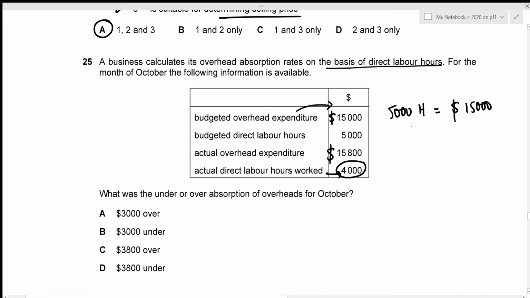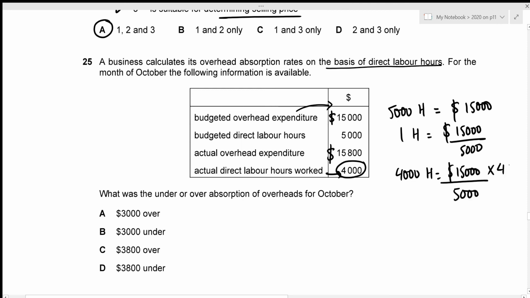For 1 hour, that is going to be 15,000 by 5,000. Then for 4,000 hours, that's going to be 15,000 divided by 5,000 times 4,000. And this gives our budgeted overhead expenditure corresponding to 4,000 hours to be 12,000.